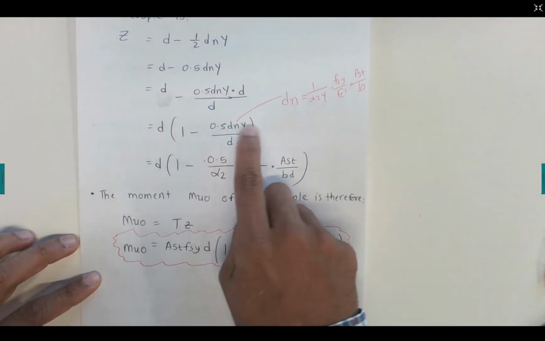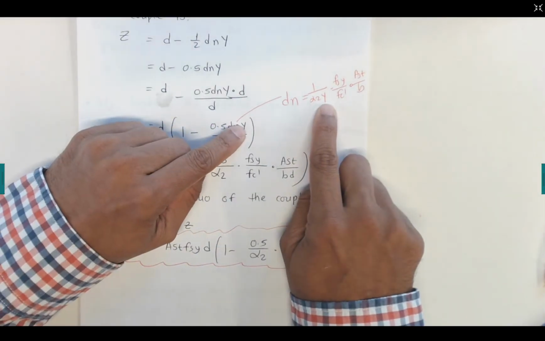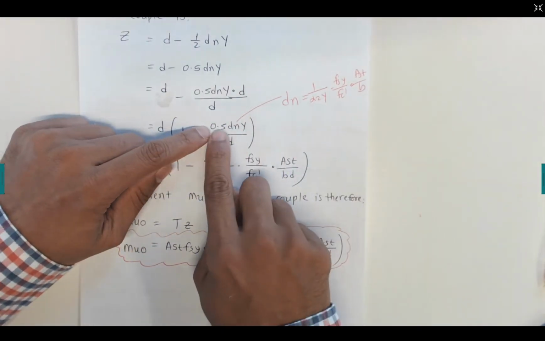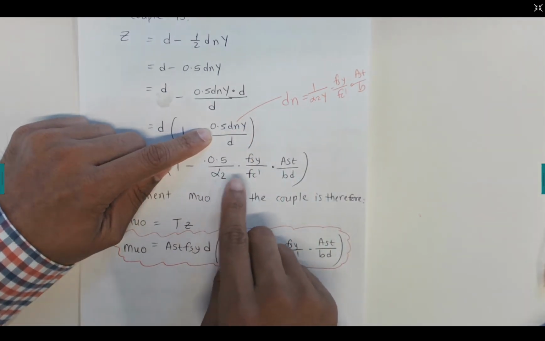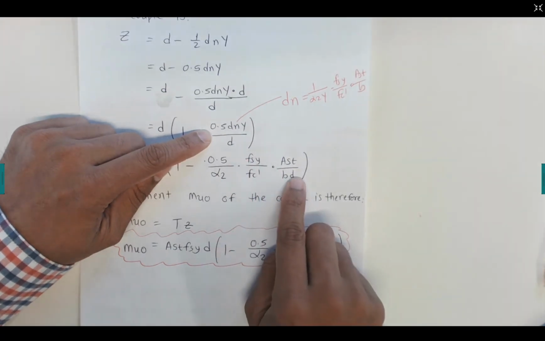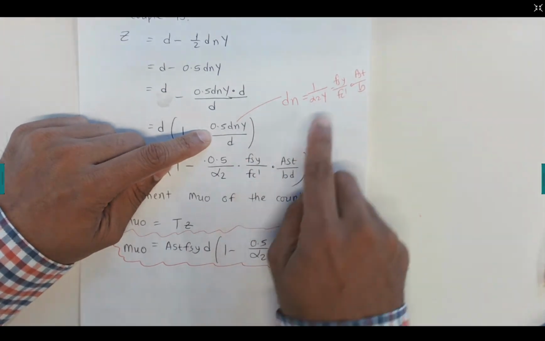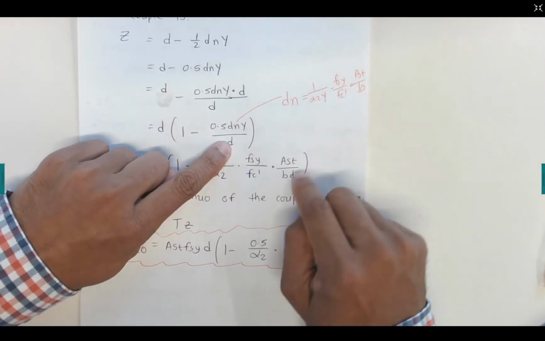So we have 0.5 gamma dn, gamma and gamma cancel, so gamma does not come into the picture. So 0.5 dn over d, with dn substituted by this, alpha 2 gamma removed, Ast fsy over f'c b, over d.